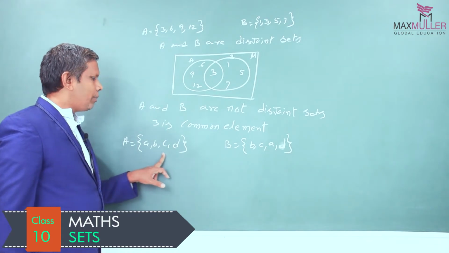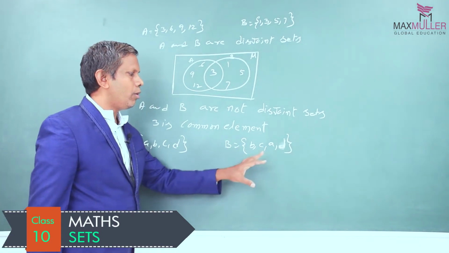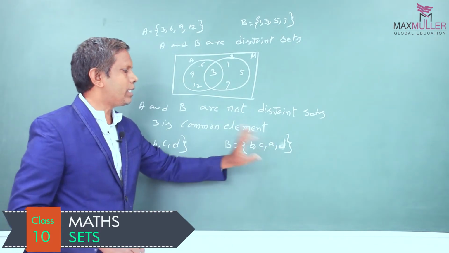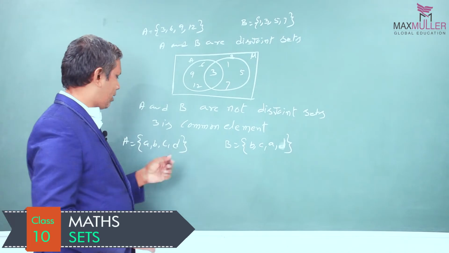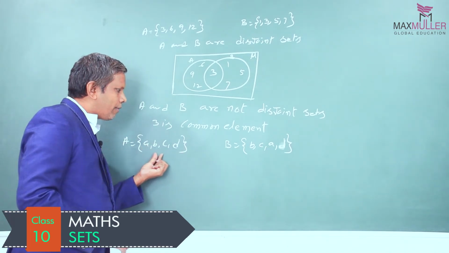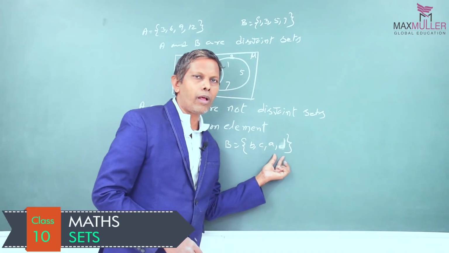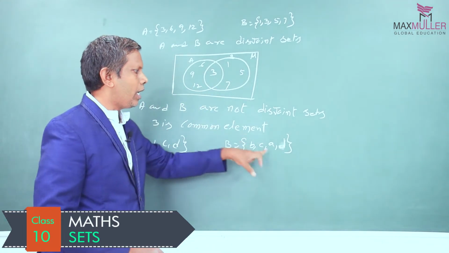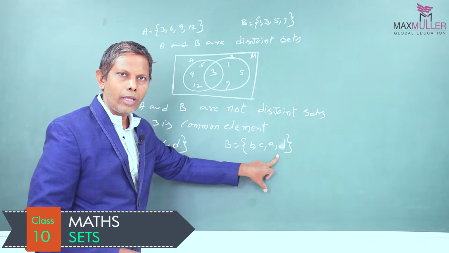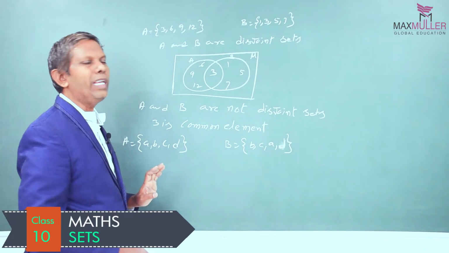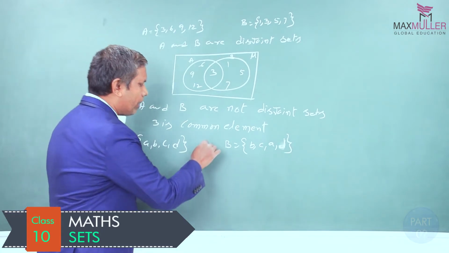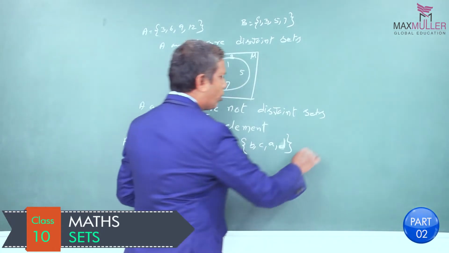A is equal to ABCD and B is equal to the same ABCD, only they changed the places of the elements. But is every element of A an element of B or not? If every element of A is an element of B, then they are said to be equal sets. Is A equal to B or not? They have given equal to here. True or false?